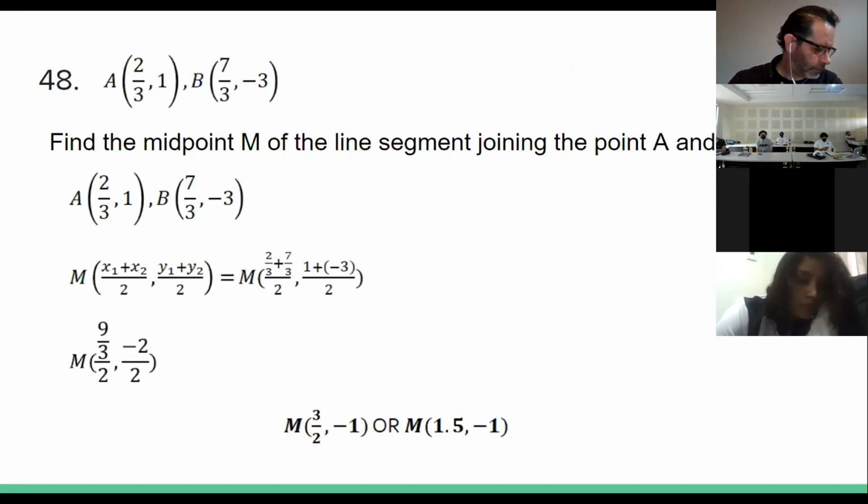Substituting in the formula, it was 2/3 plus 7/3 divided by 2.